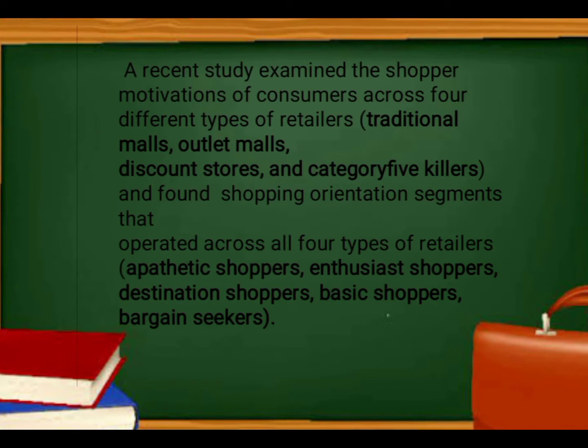A recent study examined the shopper motivations of consumers across four different types of retailers, which are traditional malls, outlet malls, discount stores, and category killers, and found shopping orientation segments that operated across all types of retailers, which are apathetic shoppers, enthusiast shoppers, destination shoppers, basic shoppers, and bargain seekers.